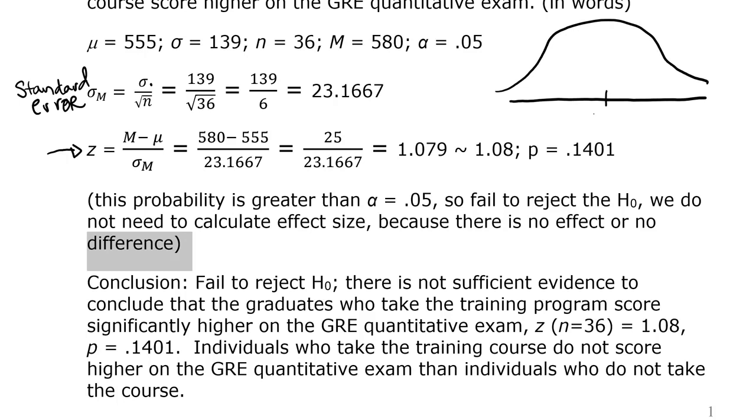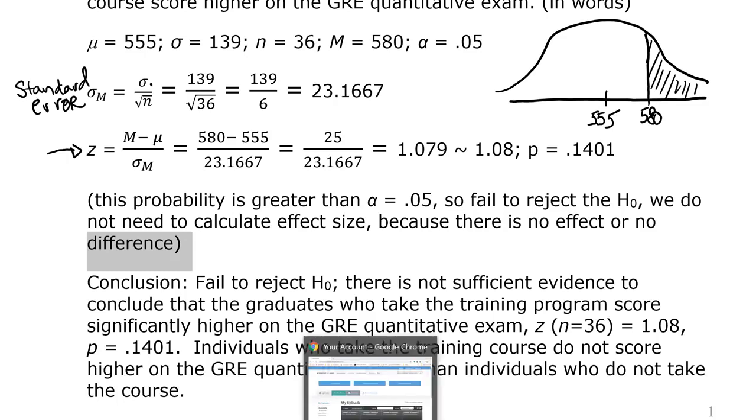So mu is 555, right? And 580 is probably somewhere over here. And we're saying, oh, you know what? The score is supposed to be somewhere to the right of that, right? So it's greater than. We're expecting graduates to score higher, right? So let's go ahead and pop over now to the actual table.